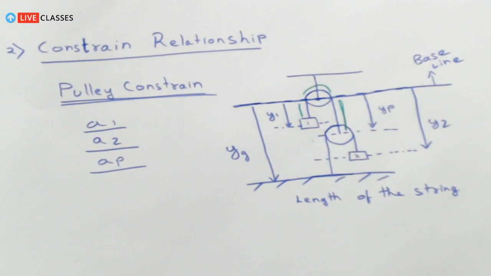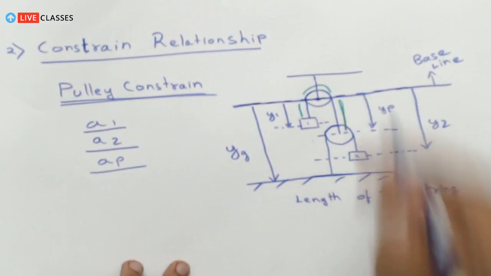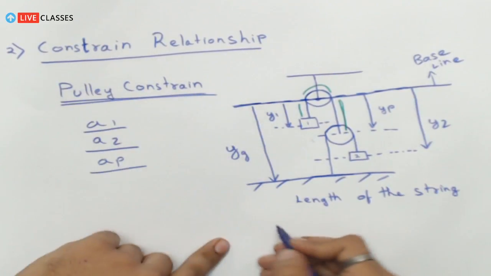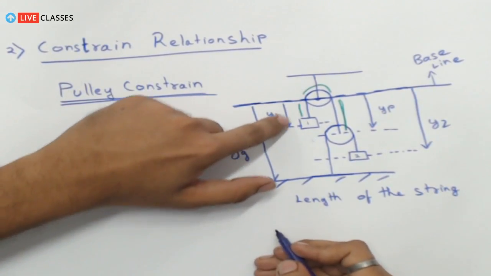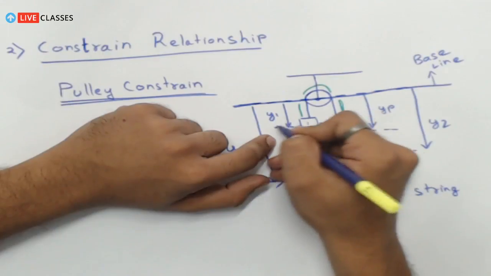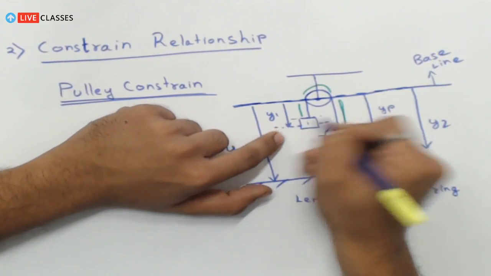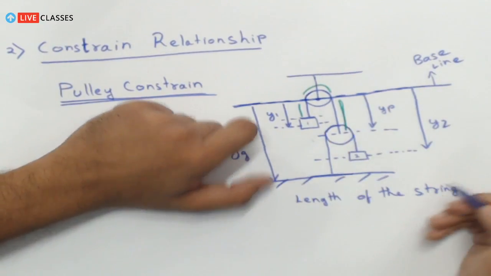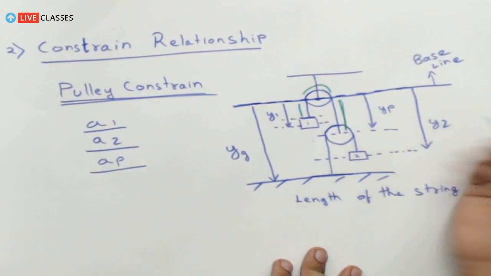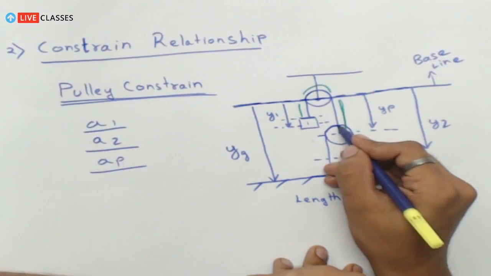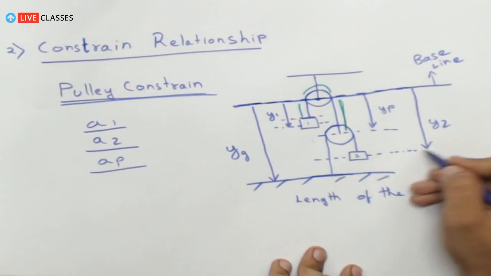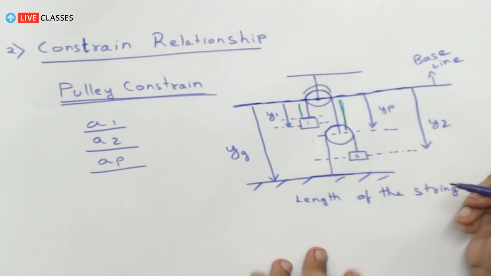Remember, we are taking string 1. So what is this? This string length is y1. This y is up to this string length only. I made a little bit of a mistake in this, but it doesn't matter. When you keep on practicing, you will get to know that it doesn't matter where you take it. So the string length is this, and y2 is also string length.